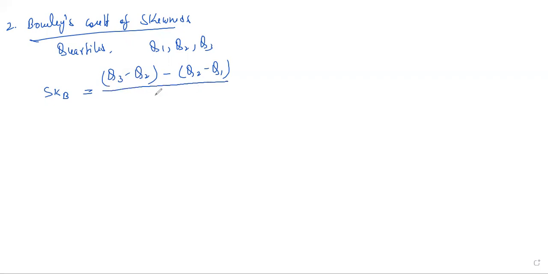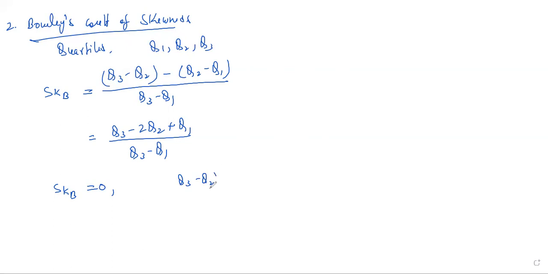This relationship is divided by Q3 minus Q1. So we have Q3 minus 2 Q2 plus Q1, the whole divided by Q3 minus Q1. So when SKB is equal to 0, it means Q3 minus Q2 is equal to Q2 minus Q1.